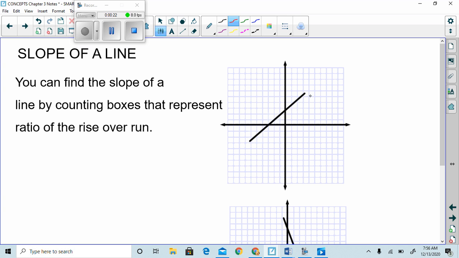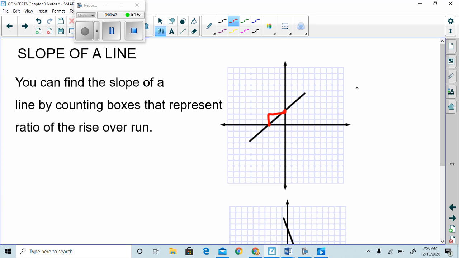Remember that a line has a constant slope, so we can take points that fall on the intersection of two points here. I'm going to count up 1, 2, and over 1, 2, 3.